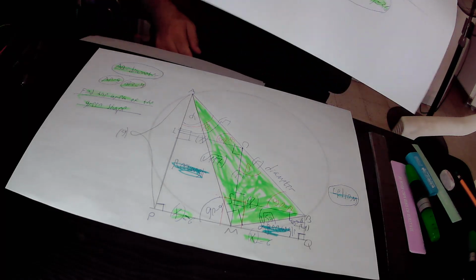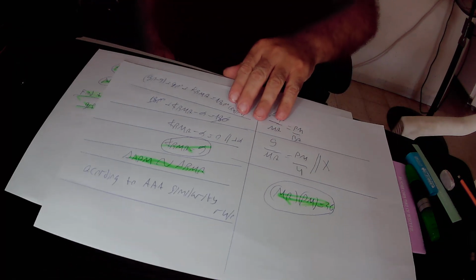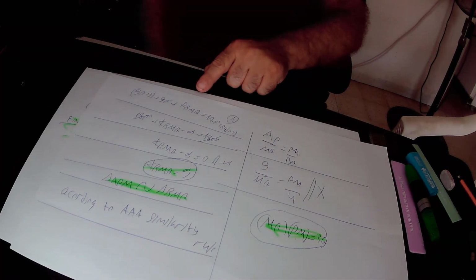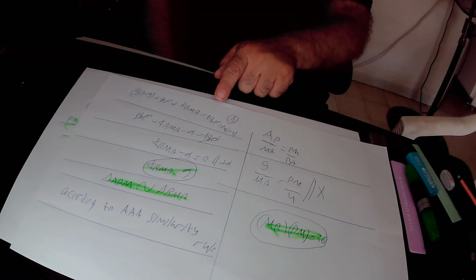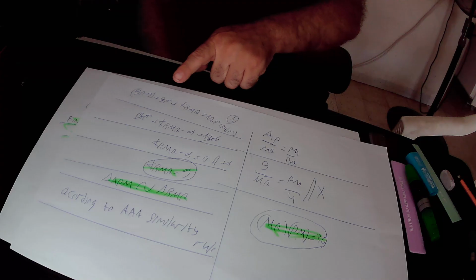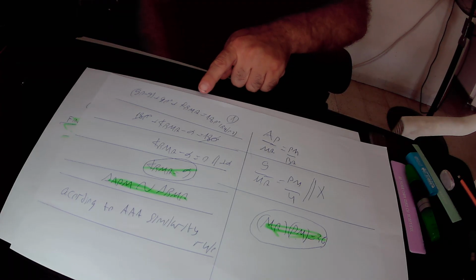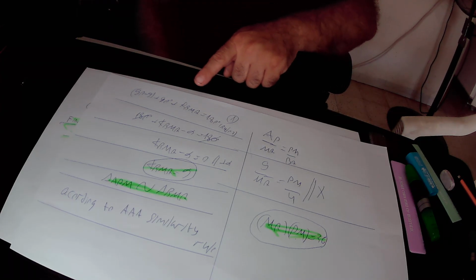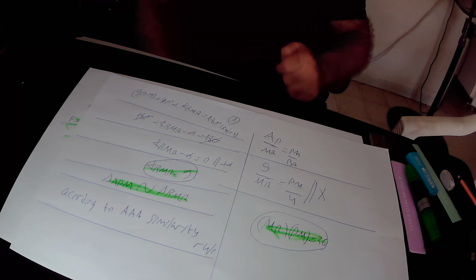So we found out that 90 degrees minus alpha plus 90 degrees plus the missing angle BMQ, in total must be equal to 180 degrees according to rule 3. 90 degrees plus 90 degrees is 180 degrees. So in total we have 180 degrees plus the missing angle BMQ minus alpha equal to 180 degrees.